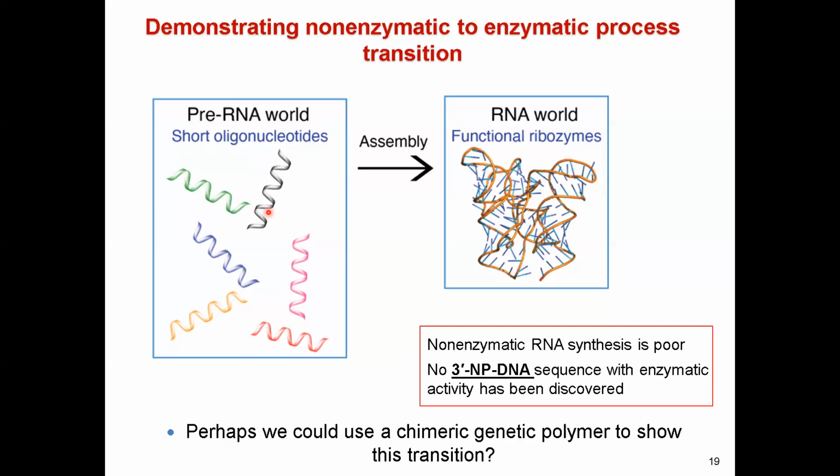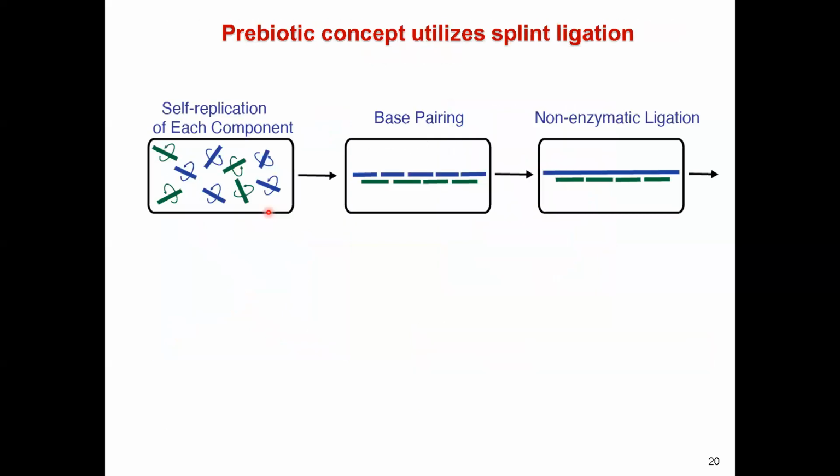And so the catharsis that we kind of reached was whether we could use a chimeric genetic polymer. So, an RNA, almost fully RNA, but where we need to ligate, we use the power of this more nucleophilic system. And so the concept is shown here. We would have self-replicating components, small short oligonucleotide strands. These would base pair in a splint-directed fashion.